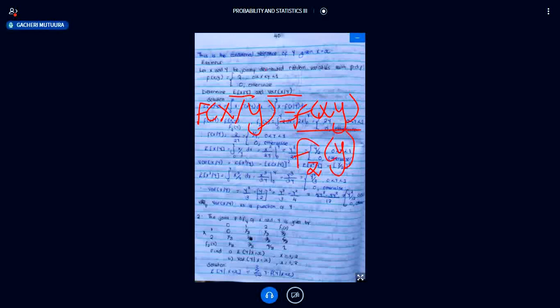You recall the marginal of y. Obtain the marginal of y really fast, and then we obtain that conditional distribution of x given y.